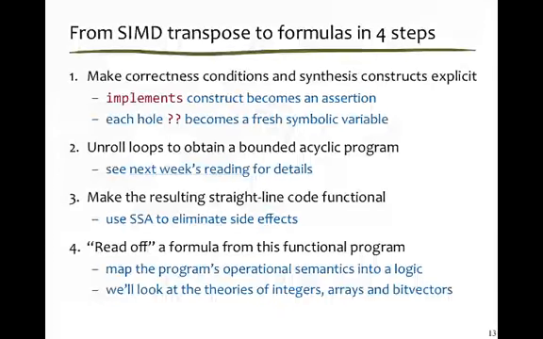And finally, once we're done with that, the formula will be obvious. You can essentially just read it off of the program. Just like in that triangle example that Raz had last week, right, where the formula was basically 1-to-1 with the program, it's going to be 1-to-1 again. Slightly more complicated 1-to-1, but you can definitely see the correspondence. And as I said, we're gonna see how to do it with integers, and your homework will be to do it with bit vectors.